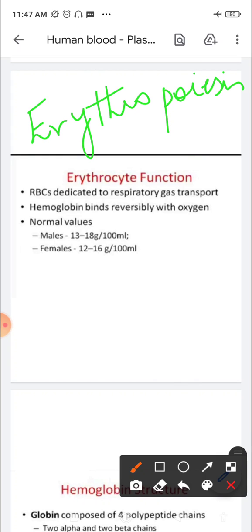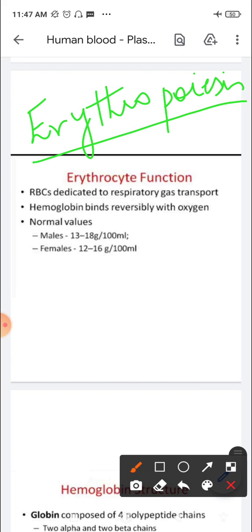This is the process by which the RBCs are formed. In mammals, erythrocytes are formed in the red bone marrow, particularly present in the ribs, sternum, pelvis, etc., that I told you, right.